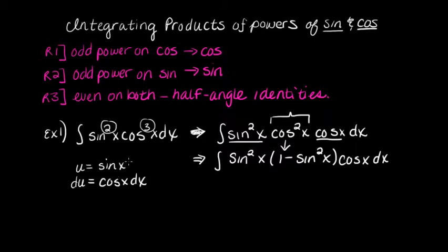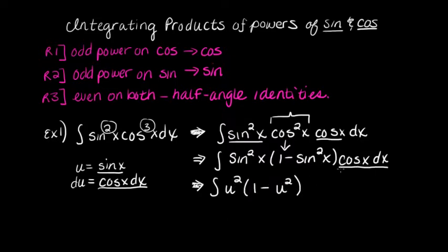Whenever I'm doing a u substitution, I'm checking to make sure I have my original u, which I do have, sine in this case in 2 spots, as well as a cosine x dx, which I do have right there. So rewriting this with our u substitution, we are given u squared times 1 minus u squared.